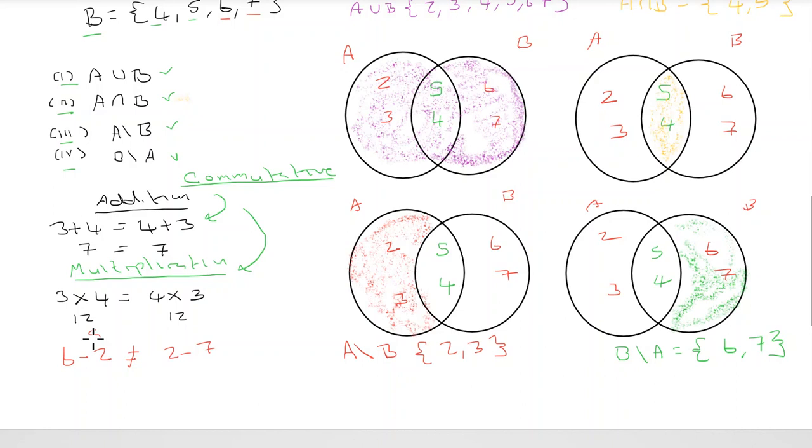So it matters which number you subtract from the other. If you do the first one, 6 minus 2, that's going to be equal to 4. Whereas 2 minus 6, that's going to be equal to minus 4. Okay, so these are two different values.